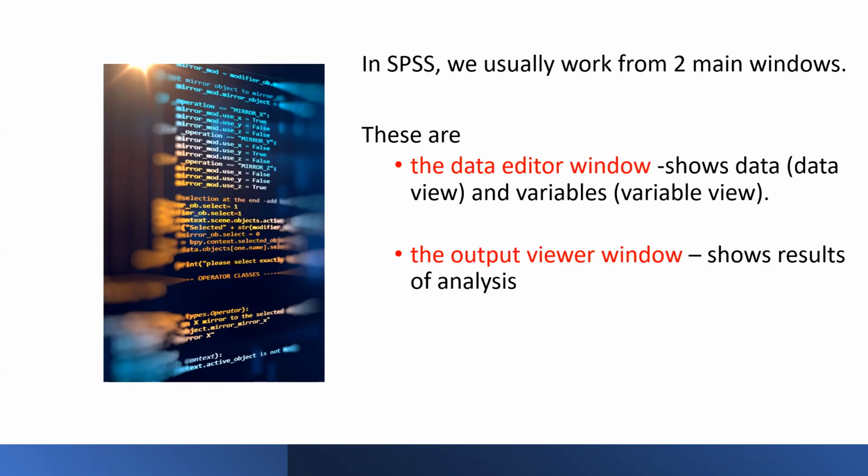Okay. So in the data editor window, there are 2 views. One is data view, another one is variable view. Data view is nothing but the real data you enter, for example, blood pressure or fasting blood sugar, etc. These are the real data.